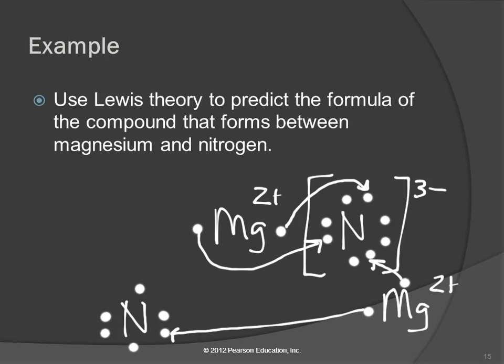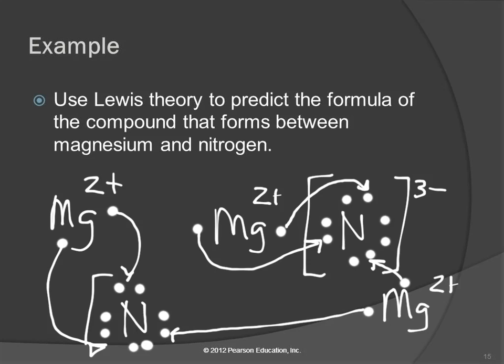Yeah, well, we just need another magnesium. So this electron can go over here, and this electron can go down there. Now this is 2+, and this is 3-.